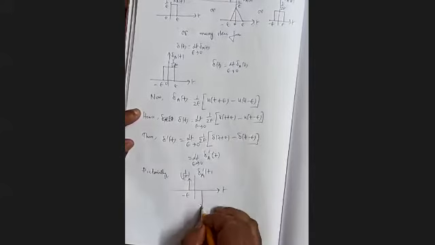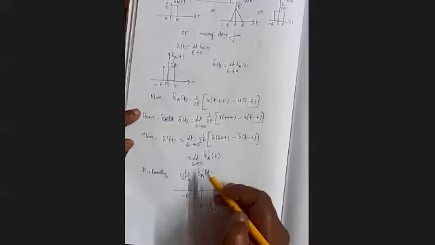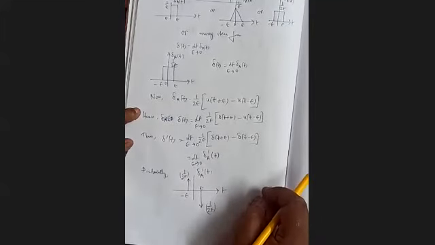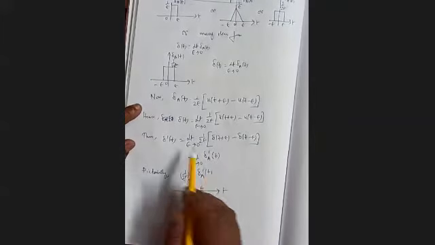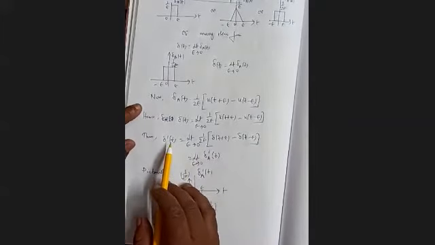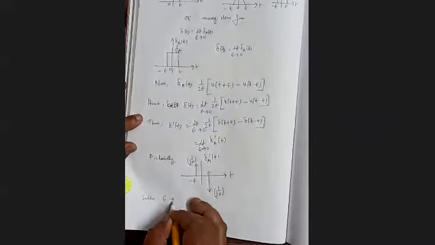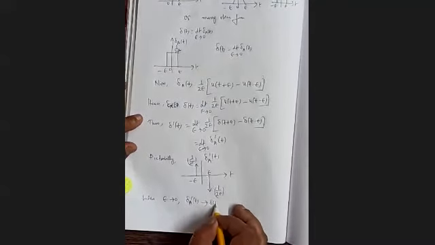It's negative, so it will be 1 by 2 epsilon is the strength, applied at epsilon. So when we combine them, we get delta A dash T. Now, when our epsilon tends to 0, then we get the derivative of delta T. When epsilon tends to 0, our delta A dash T approaches delta dash T.